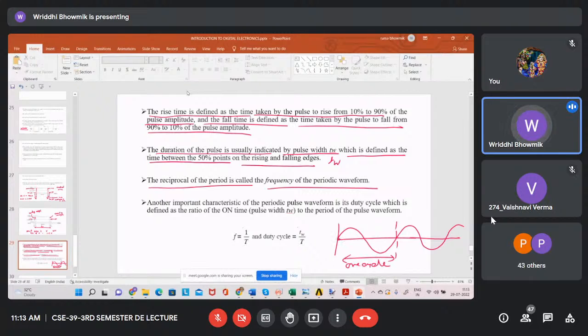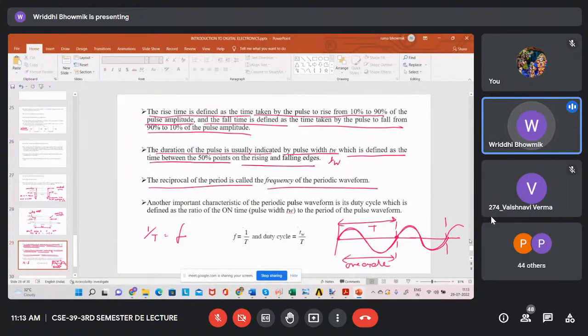It starts from 0, completes the positive half cycle, then completes the negative half cycle. So this is one complete cycle. The time duration of the cycle is capital T. This is the fundamental period. After T seconds, the cycle repeats itself. So the fundamental period is capital T, and 1 by capital T is the fundamental frequency.